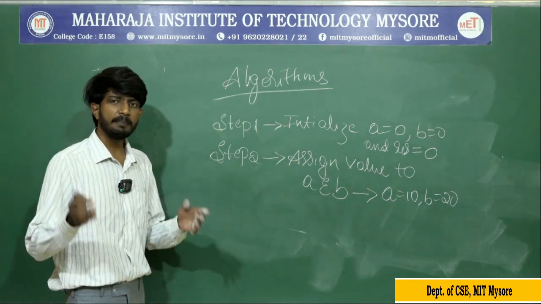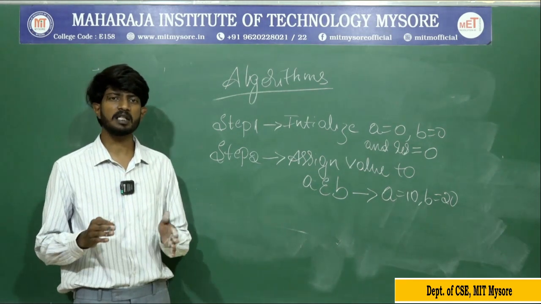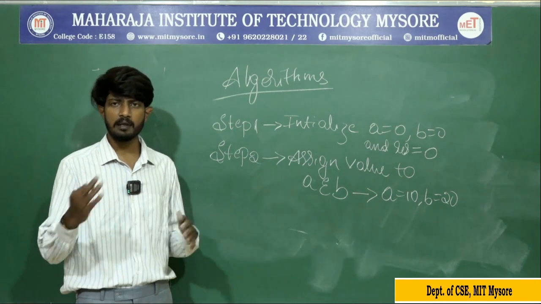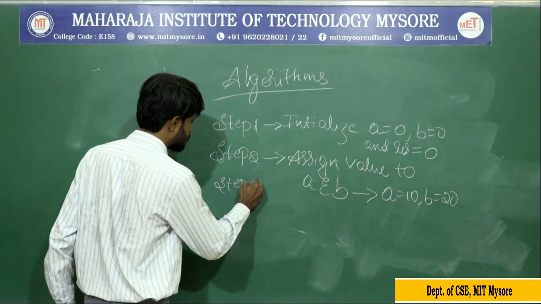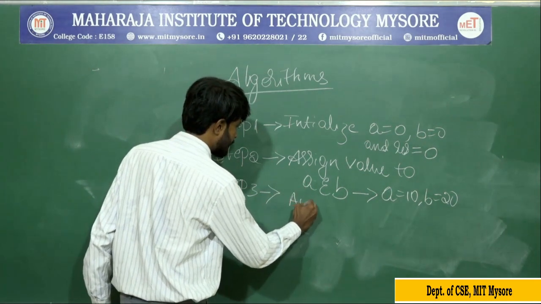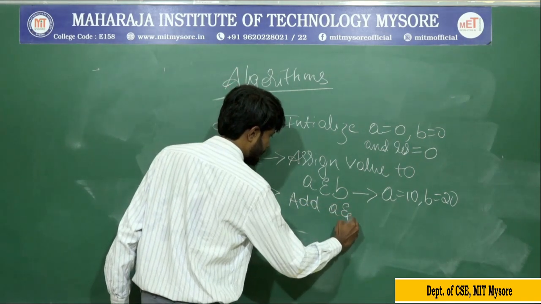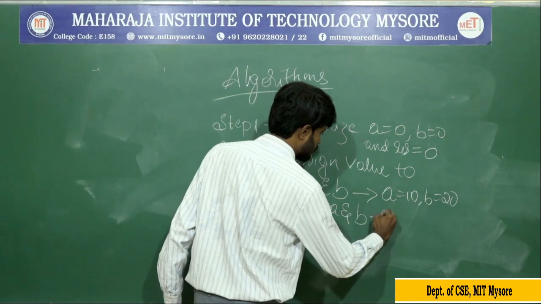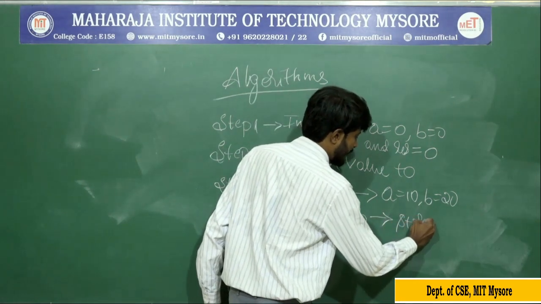Then step 3 is computation. Now we are going to use some arithmetic operators to add A and B. Step 3: add A and B, store it in RES.